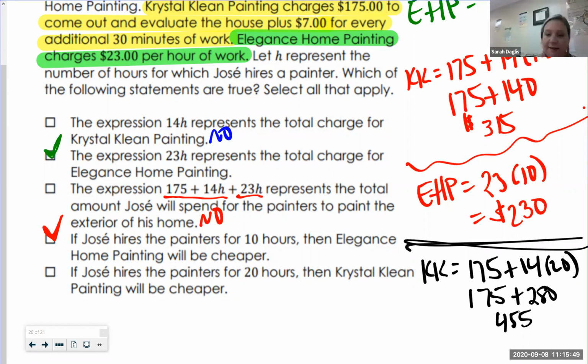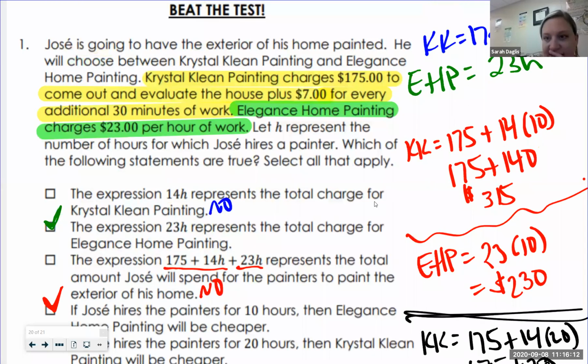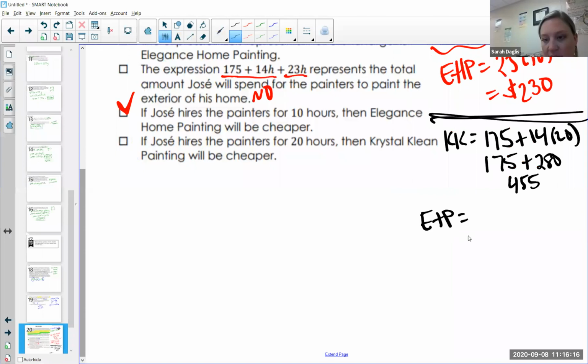All right, now let's compare it to Elegance. Why is it not showing the bottom half? Space, there we go. All right, so for Elegance Home Painting, they're going to charge me $23 an hour for the full 20 hours that they are there.